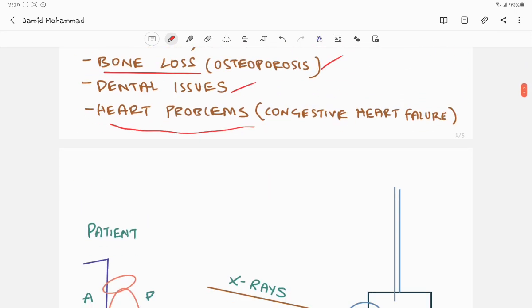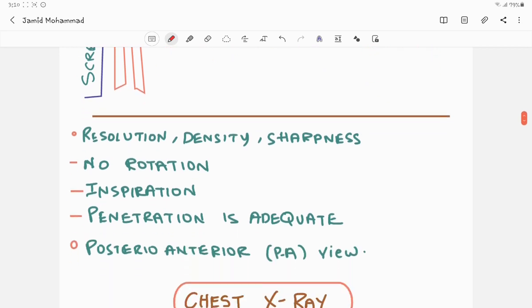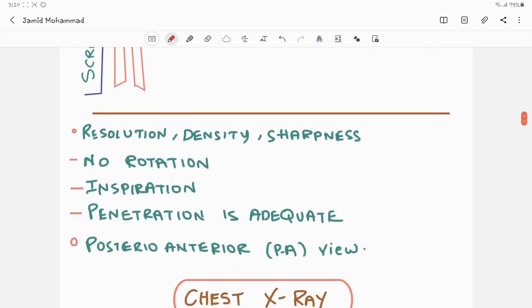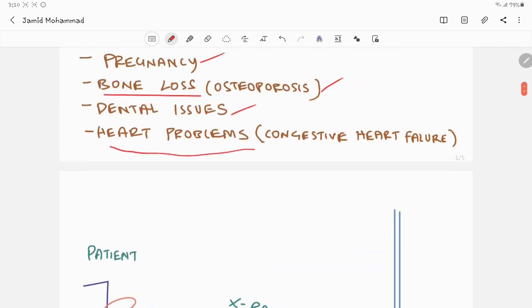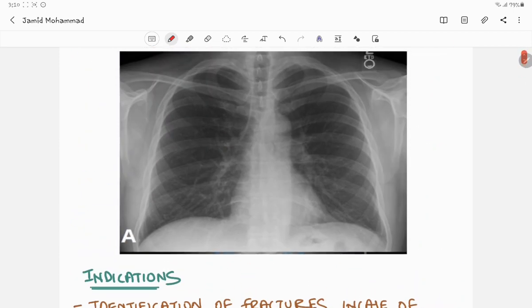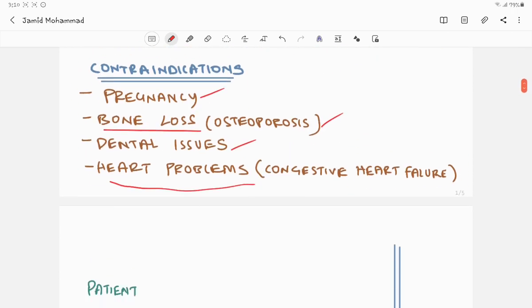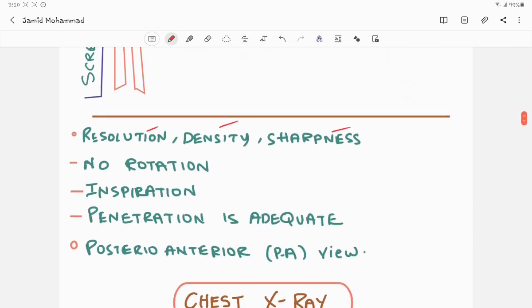And in order to say that the image has no defects, we should follow some criteria, like the resolution, density and sharpness of the image should be perfect. If we look here, there are no blurrings or any disturbances in this image that block our view. So it's a perfect X-ray, and there are no resolution, density and sharpness problems.